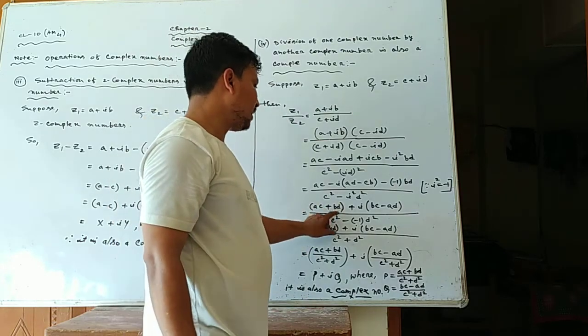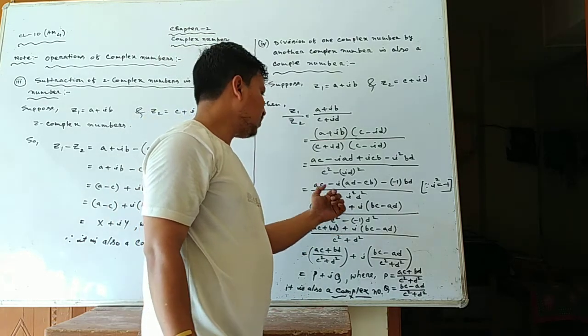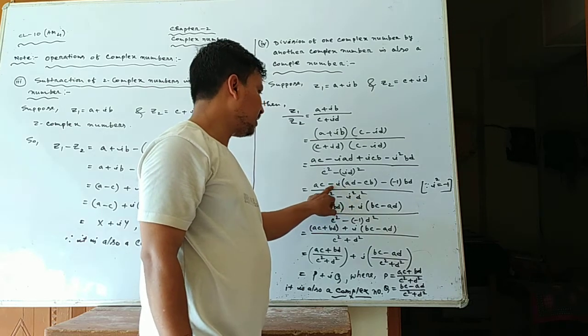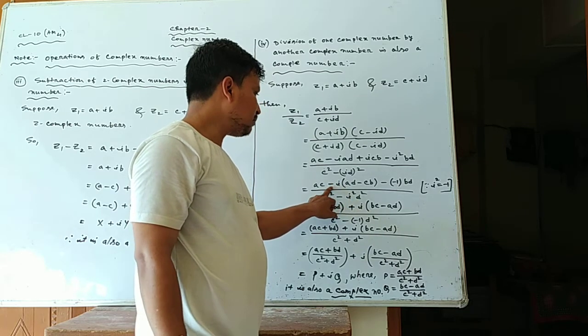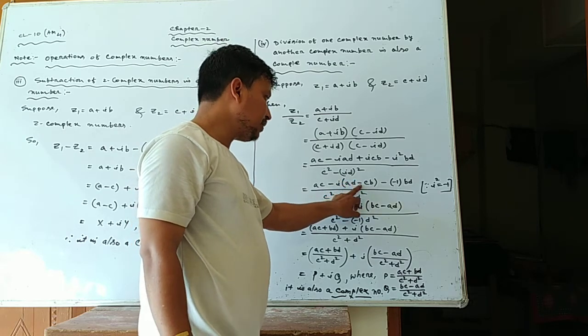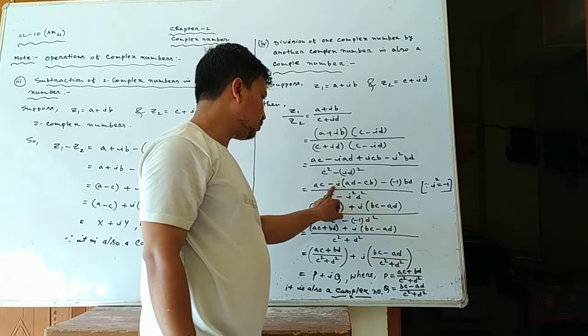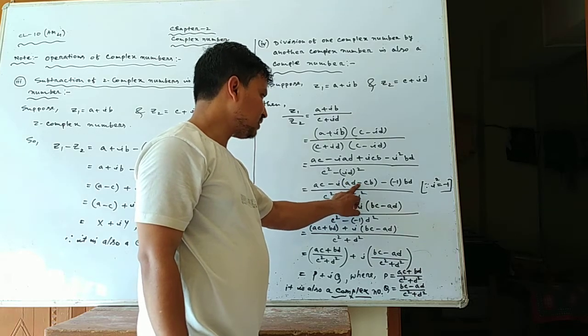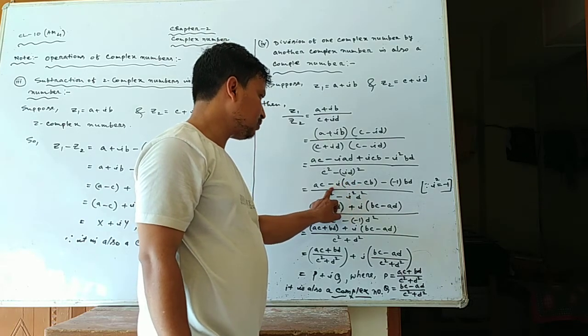So real plus real as a whole. Now see that minus sign. If you multiply this minus with AD and CB, then CB becomes minus into minus, which is plus, and AD is plus into minus, which is minus.